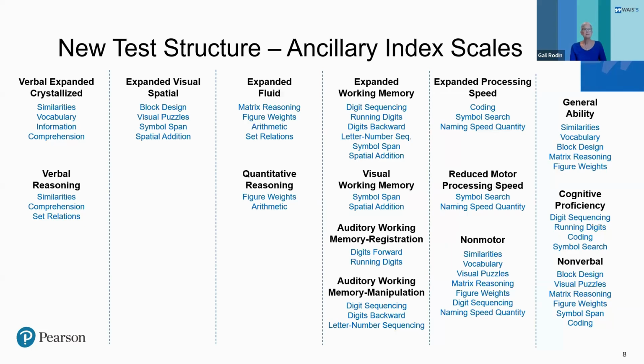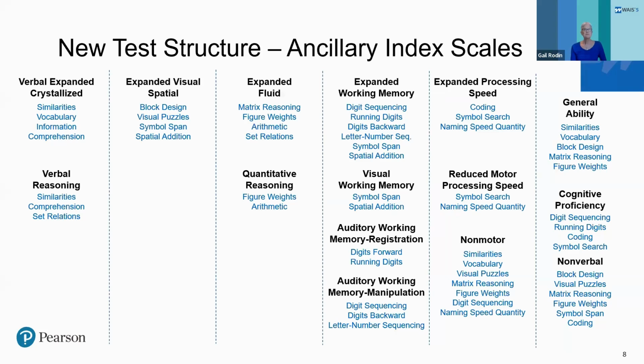So the verbal expanded is also a great measure of crystallized intelligence. It's often used if you have folks with visual impairments or who are blind, who can't take the visual tasks. This is a great way to gather more information on their cognitive ability. It's also often used with gifted clients to get more information on their verbal problem solving and their crystallized intelligence.